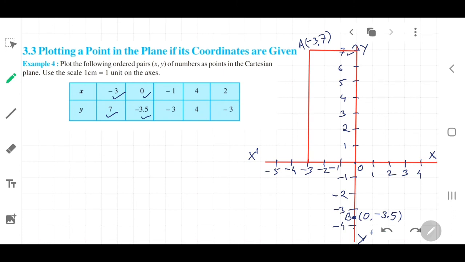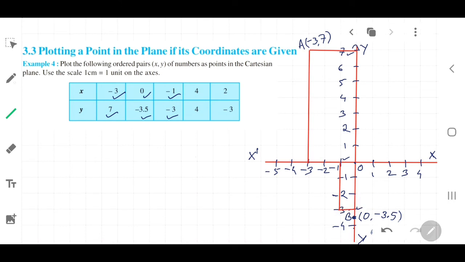Okay, -3.5. See the next one, x is -1 and y is -3. So x -1, so we got here x is -1, correct? And y is -3, so it will come down here -3. So both you join it, -1, okay, then -3.